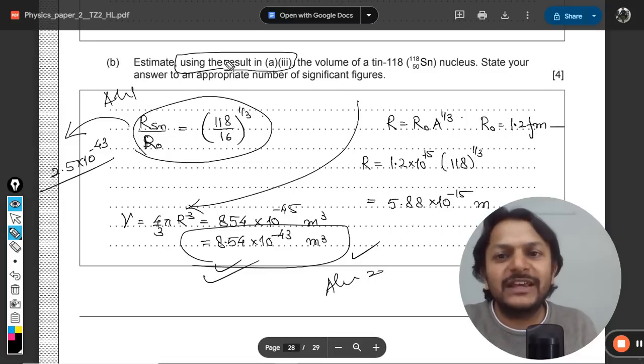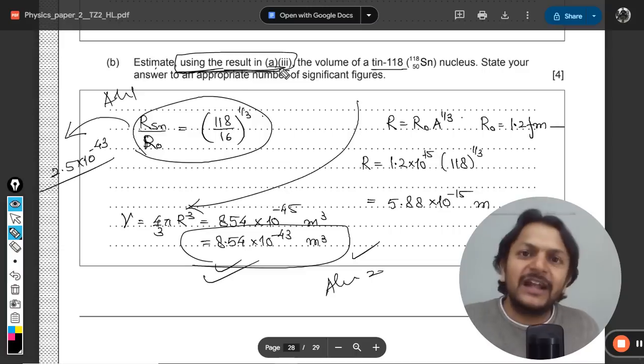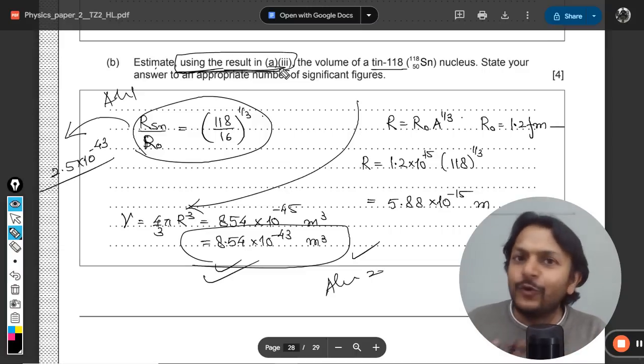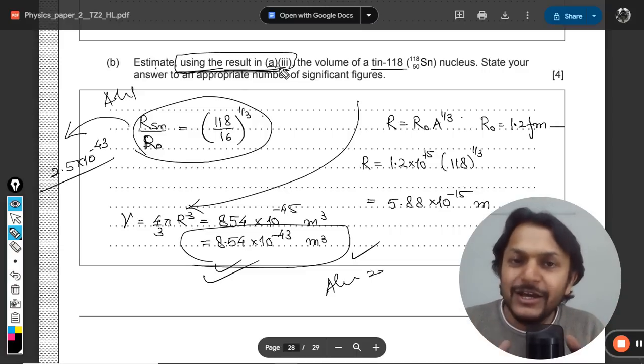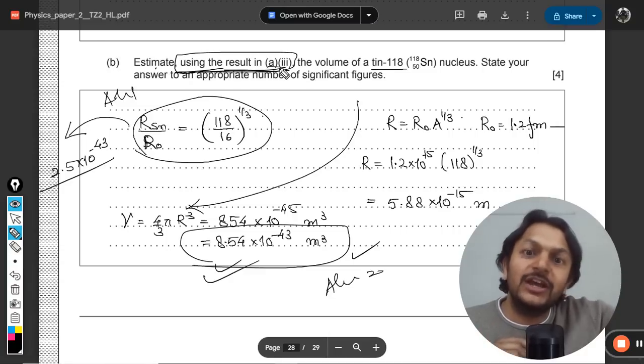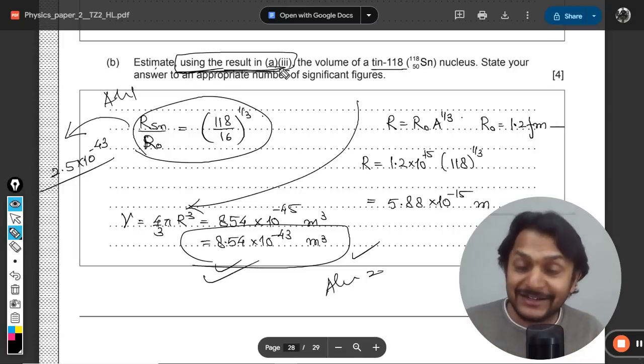But because they are saying that estimate the volume of tin using the result in A3, which is that the diameter is 4 Fermi meter, which is actually not right, because the formula that you are using to estimate the radius or the diameter of the nucleus is not exact.